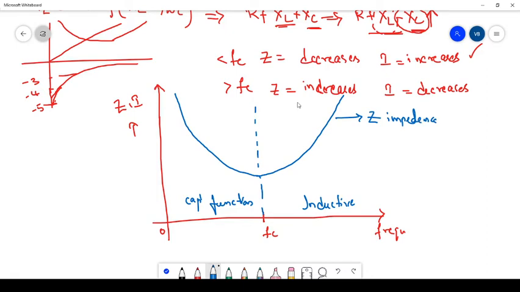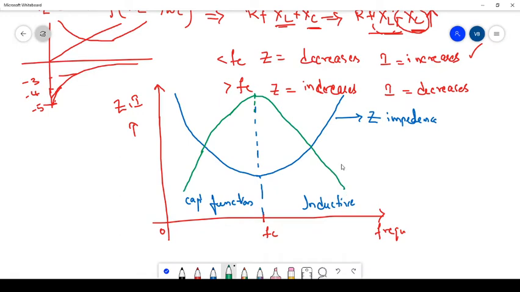Next, before Fc, current I increases. Whenever the Z value decreases, the current I value increases, up to Fc. After Fc, the current value decreases. These two are inversely proportional.